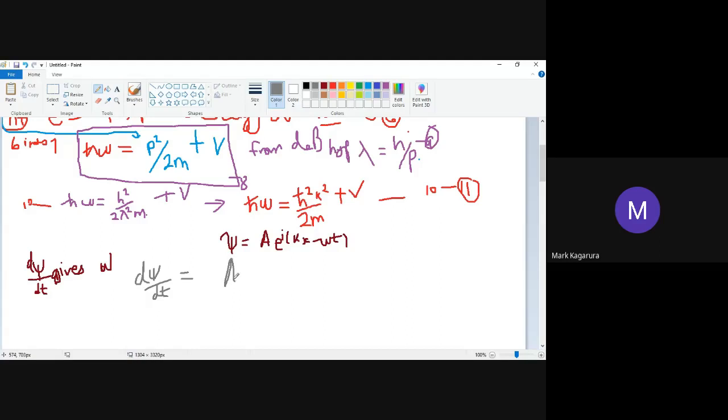Some people find it very hard to differentiate exponentials. If you find it hard to differentiate exponentials, you can use the sines and cosines. Now, there will be this j term here, and since we're differentiating with respect to t, there will be another negative omega.